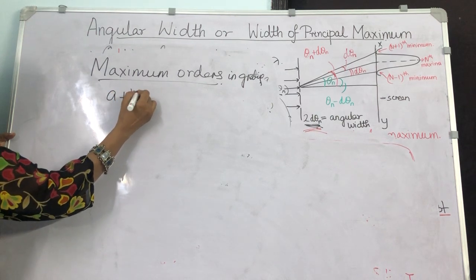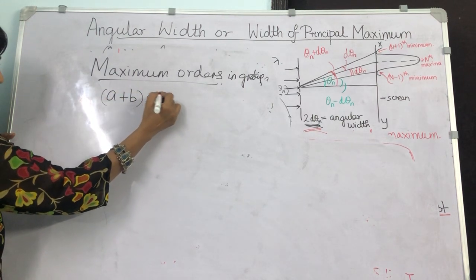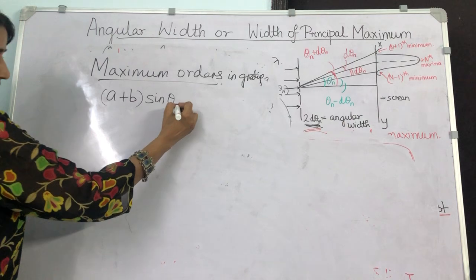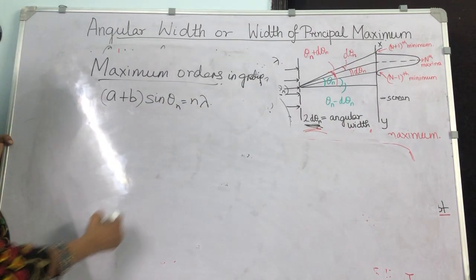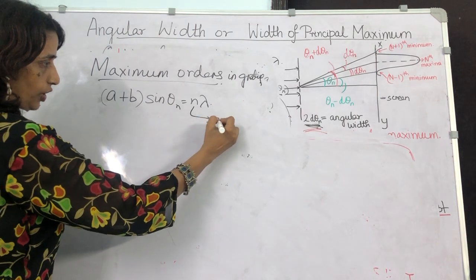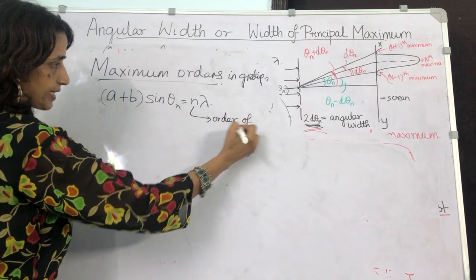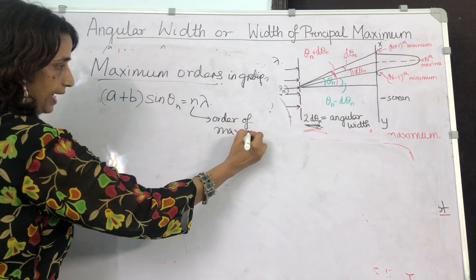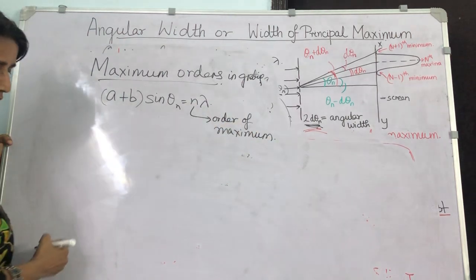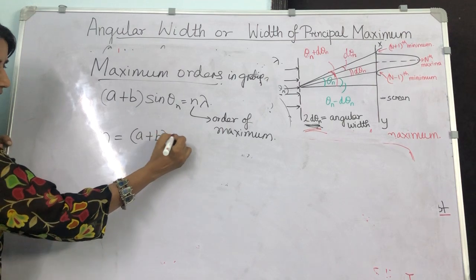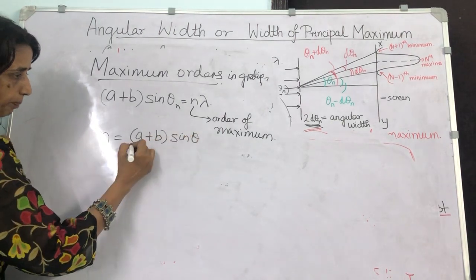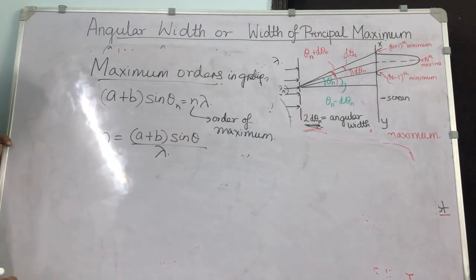We know (a plus b) sine theta equals n lambda. Now we need the order to be maximum. For this, n is (a plus b) sine theta upon lambda.